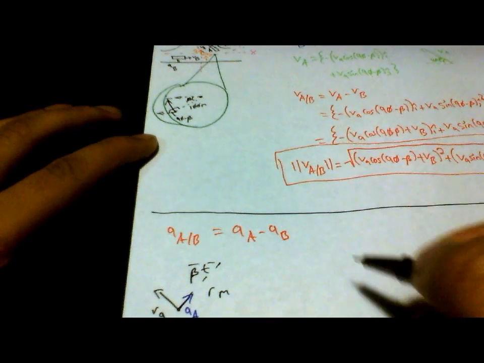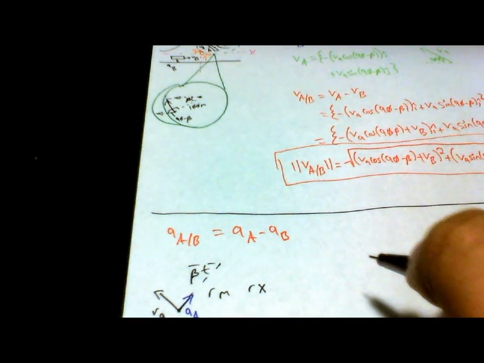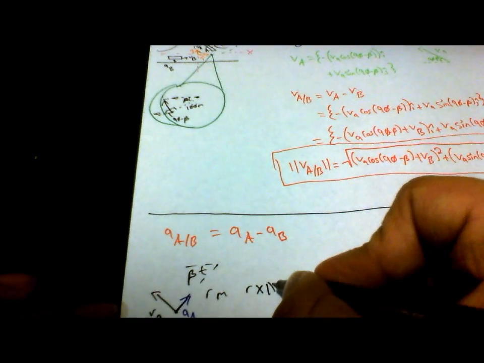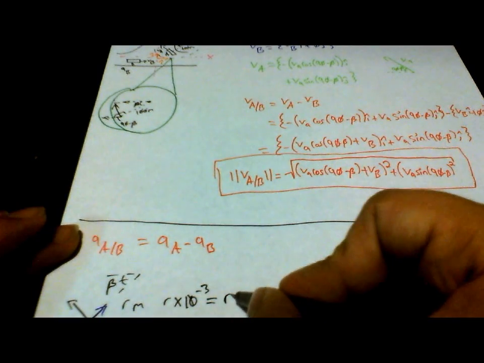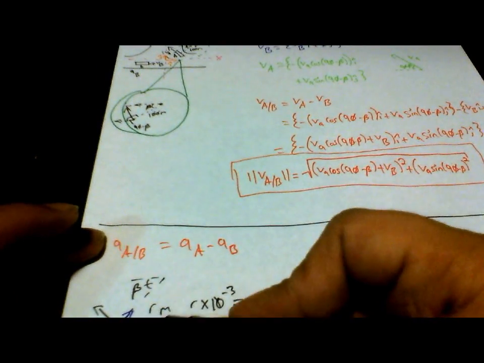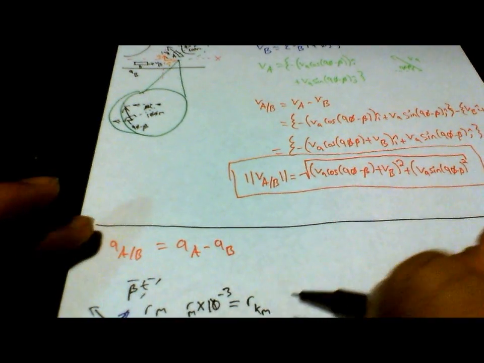So whatever this radius is, multiply it by, what do you multiply it by? Oh, 10 to the negative 3, to get your radius in kilometers. That's what the radius km means. Convert the radius in meters times 10 to the negative 3 to radius in kilometers.